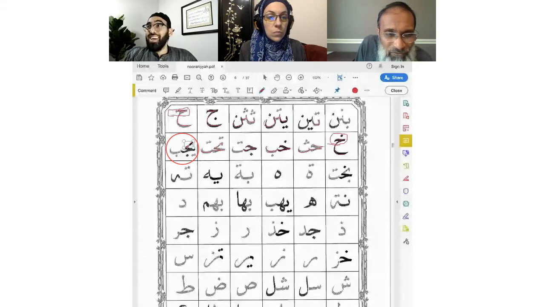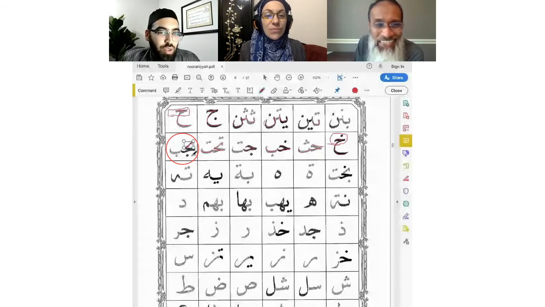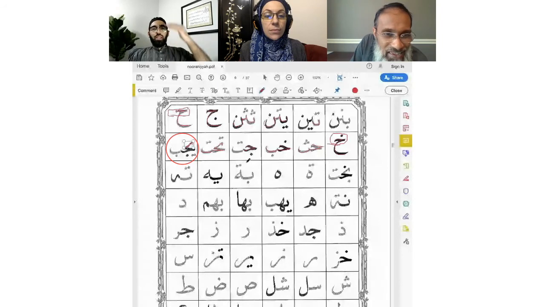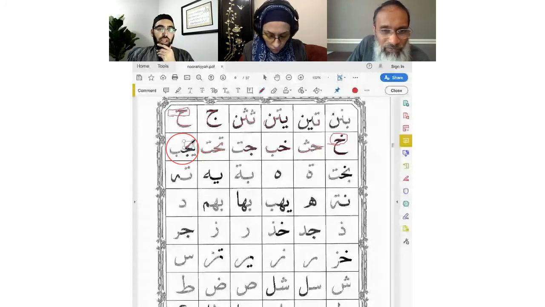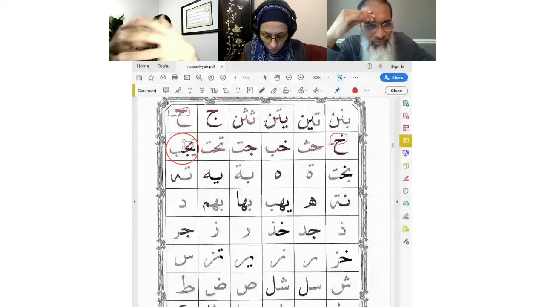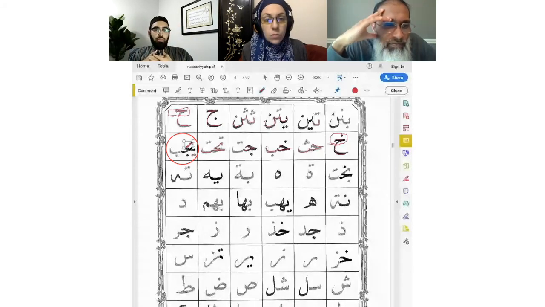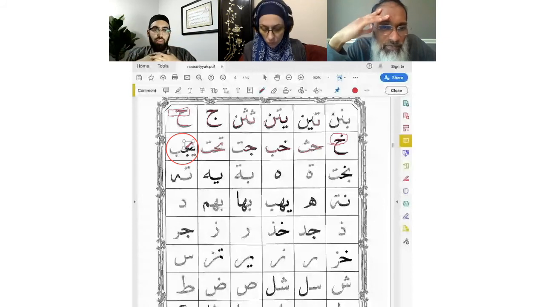The 2 dots. These 2 dots come first. We're reading the letters top to bottom, and we're reading the dots right to left here. So the letter here is this line, and it is taking ownership. It's saying these dots are mine.